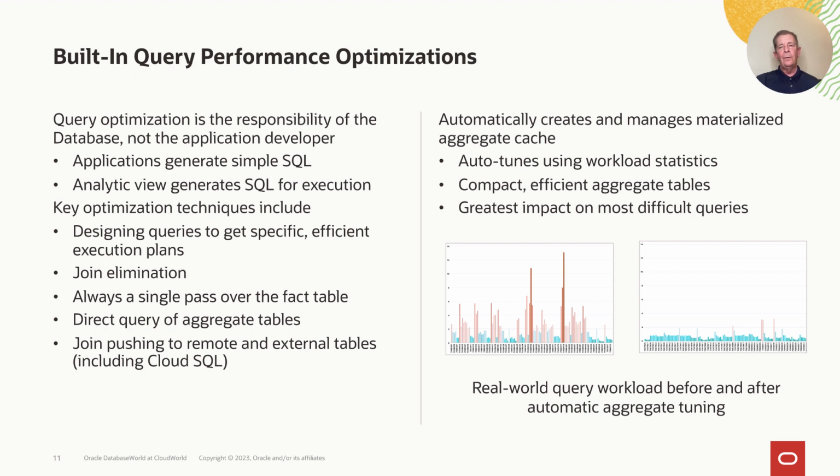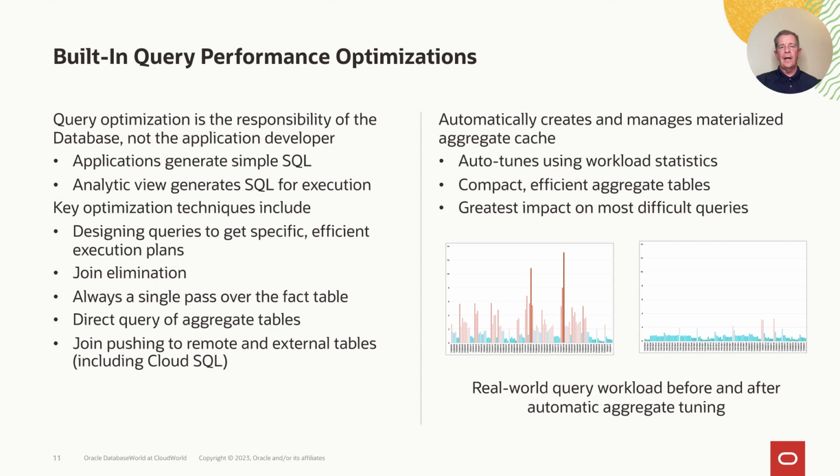If you want to use this materialized cache, pre-aggregated data can be a tremendous advantage, right? It's much better to do less work than a lot of work efficiently. So whenever you can do less work, do less work. And aggregate tables are a great way to do less work. You can define the materialized cache yourself if you like, but there is an auto-tune feature that will actually track your workload statistics and create aggregate caches for you.